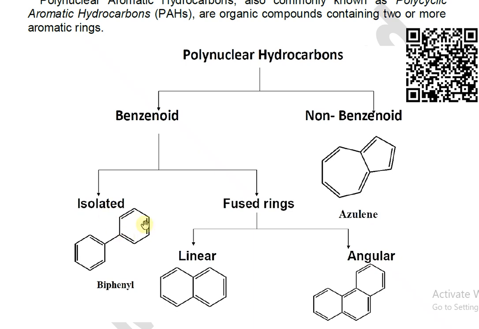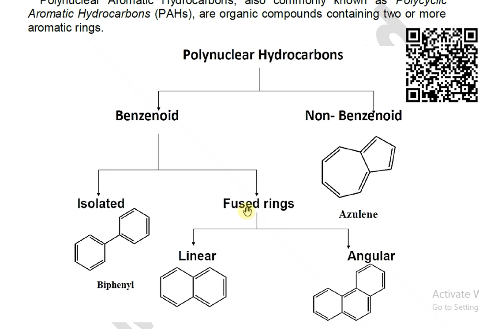From the name, two, three, or more cycles are separated by one or more single bonds. That means maybe here we have just a single bond without carbon atoms, or maybe between the two rings there are more than one carbon atoms.